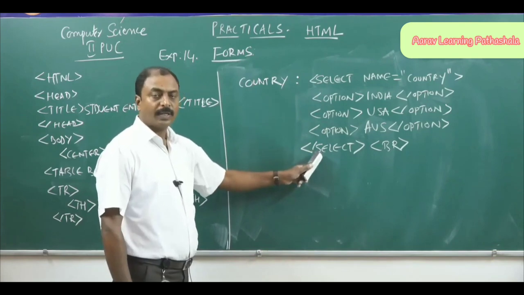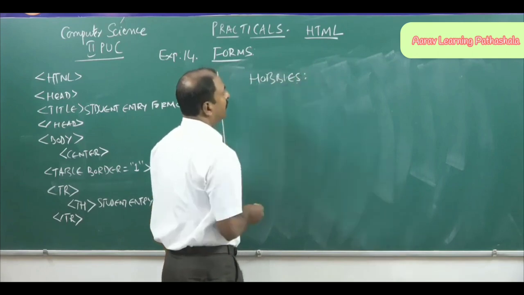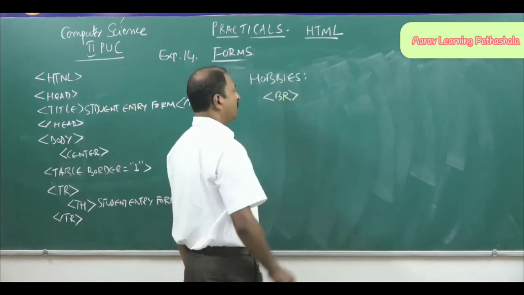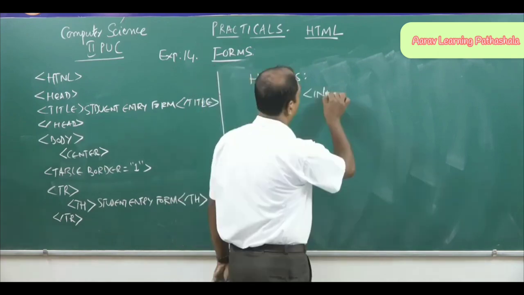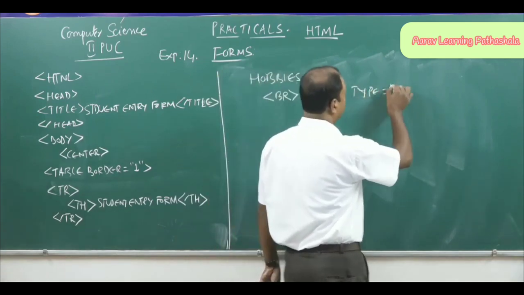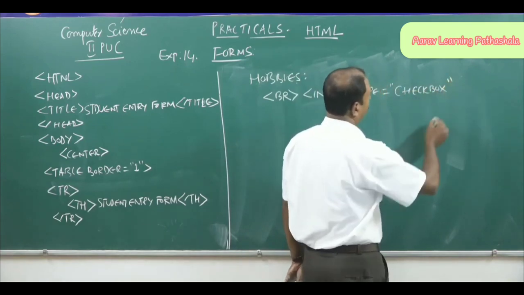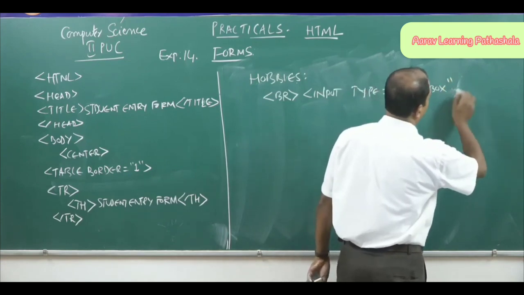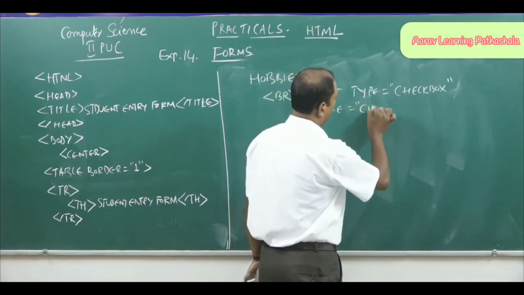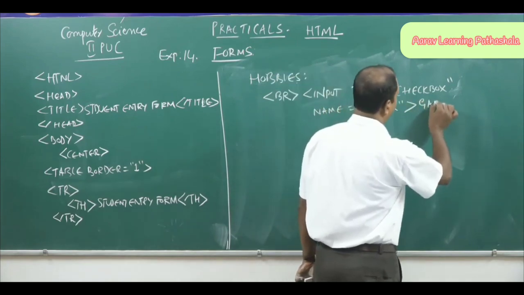The next element is checkbox, that is hobbies. Here we start with the BR tag, to display this in the next line, then input, and this is type equals checkbox, name equals CHK box, closing this, and here I can write the option, that is games.